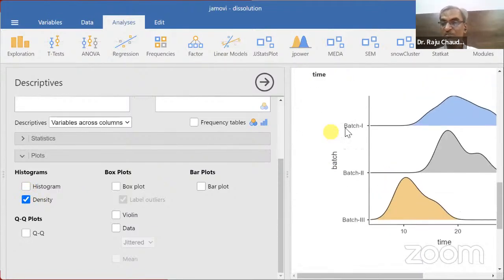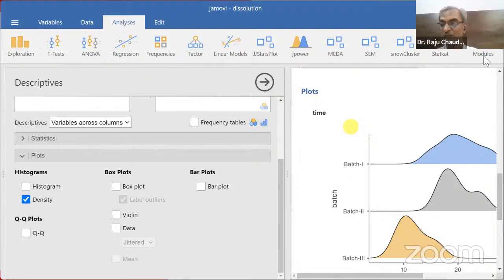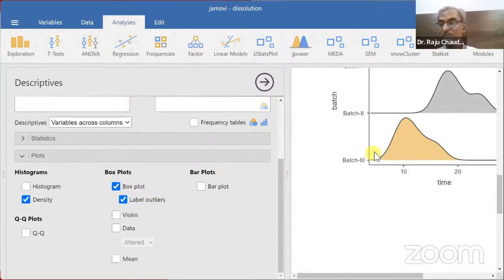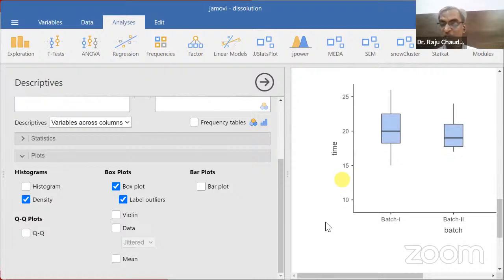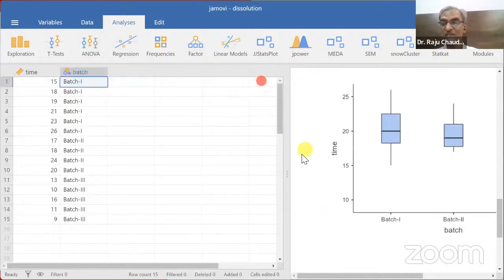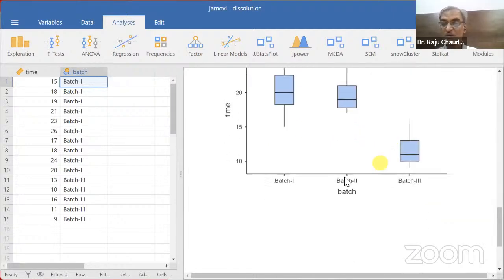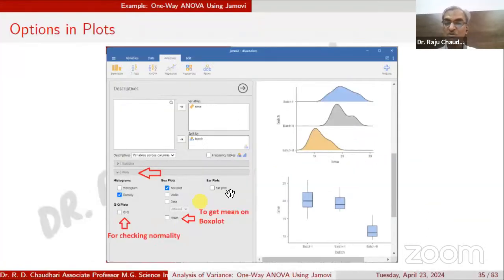So look at this, we will have a density plot for batch 1, batch 2, batch 3, or we can have a box plot. These are the comparative box plots for all the 3 batches, right? Depending upon your requirement, you can choose that.